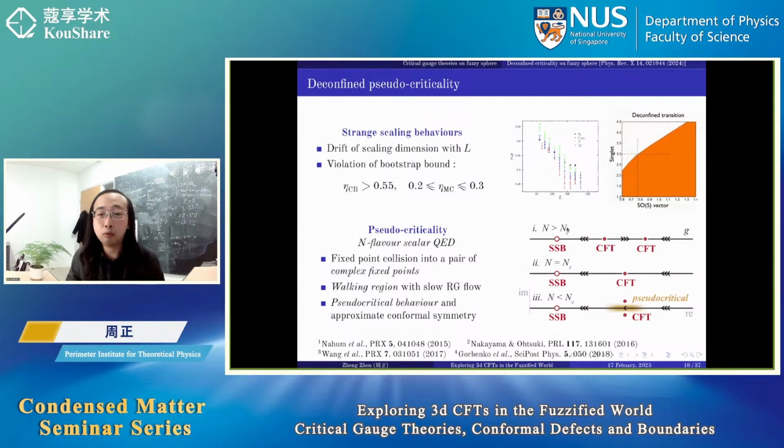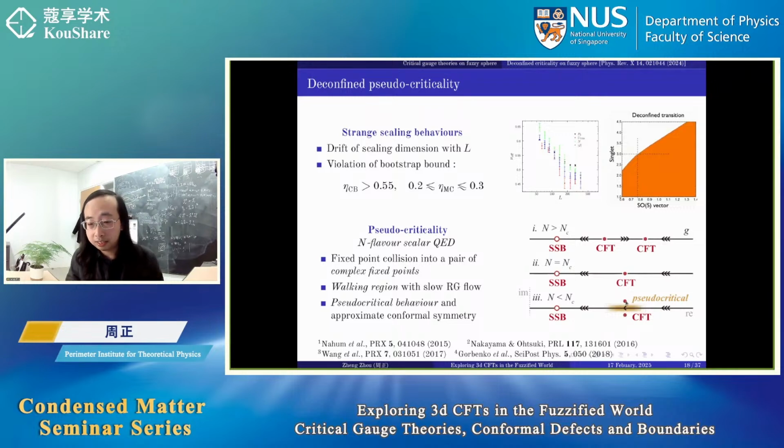So as we decrease n from the large n limit, these two fixed points get closer and closer, and finally collide into the complex plane. That is to say, there is no fixed point on the real axis, but two conjugate fixed points in the vicinity of the real axis being complex.